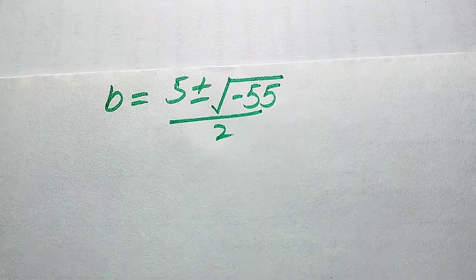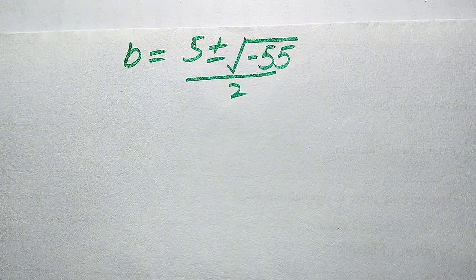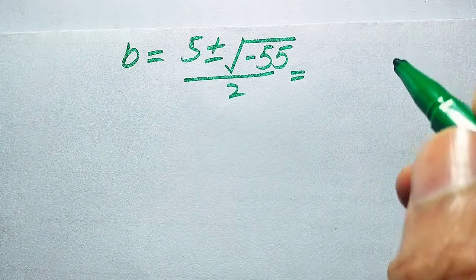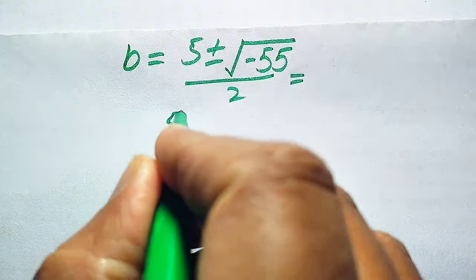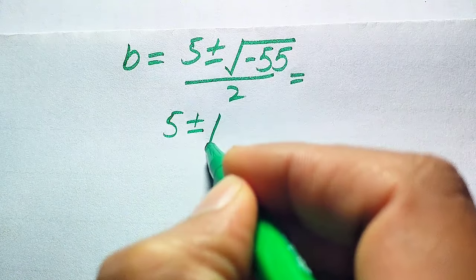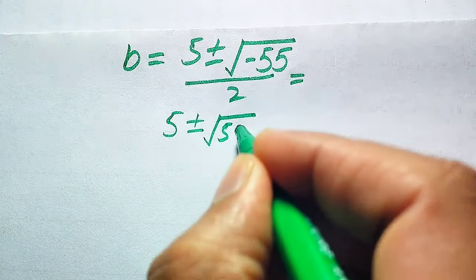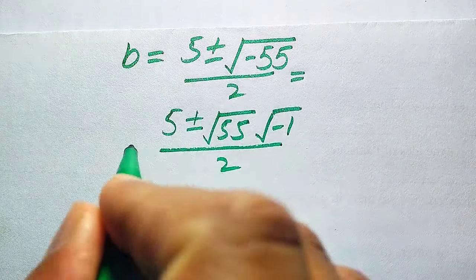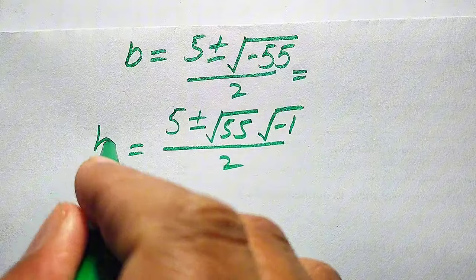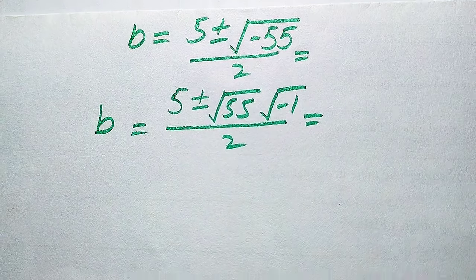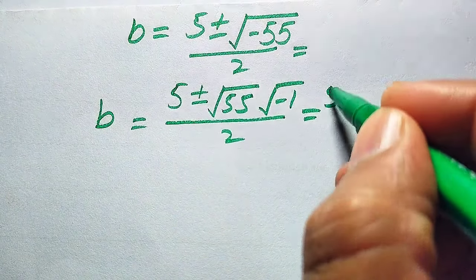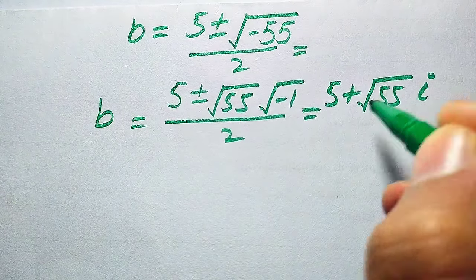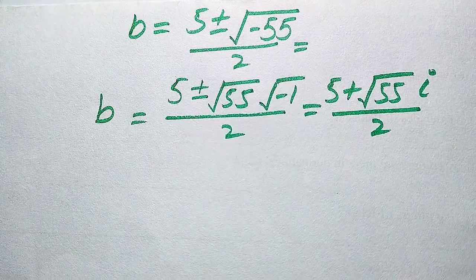Further we need more simplification, and here we apply the square root sign separately on both of these values, and it will be written as 5 plus minus square root of 55 times square root of -1, divided by 2. And you know that when we apply the square root sign on a negative term, it becomes iota, so it will be written as 5 plus minus square root of 55 times iota, divided by 2.